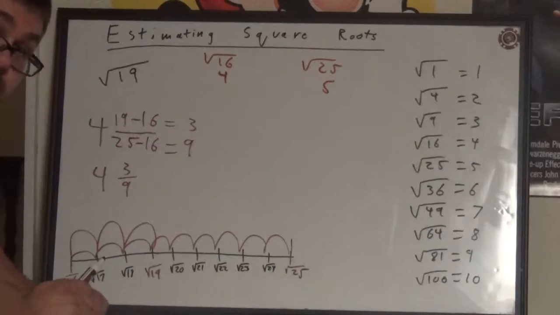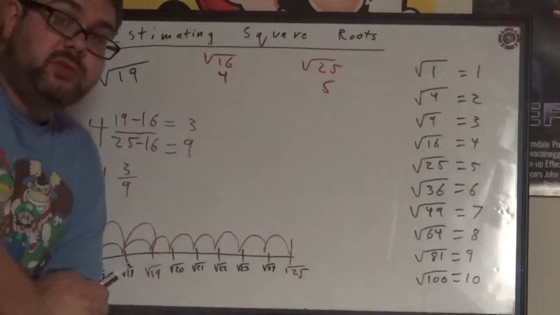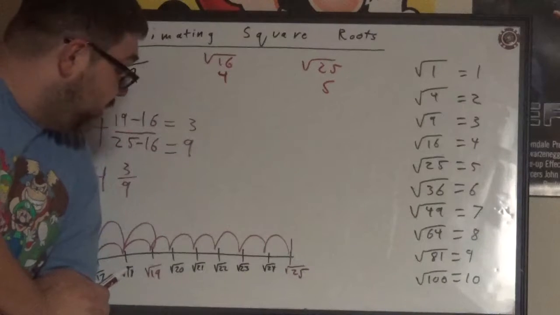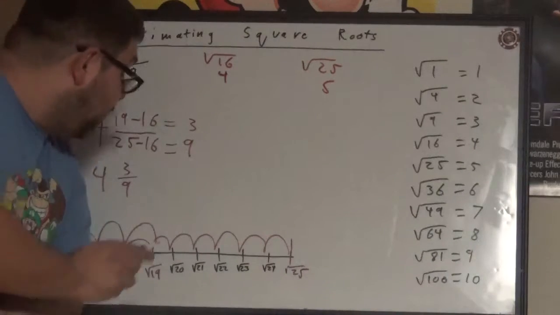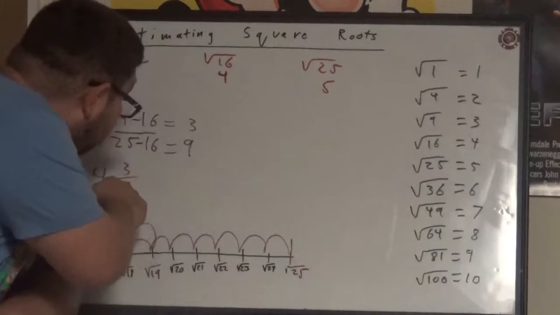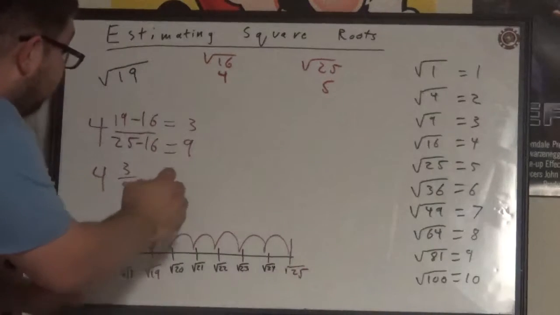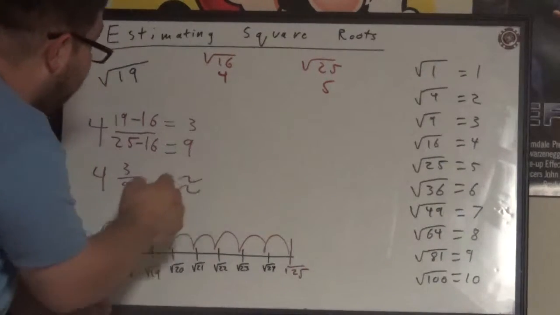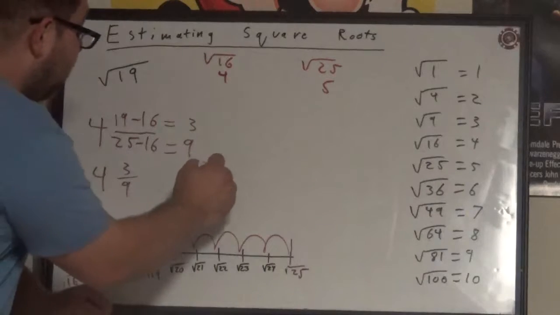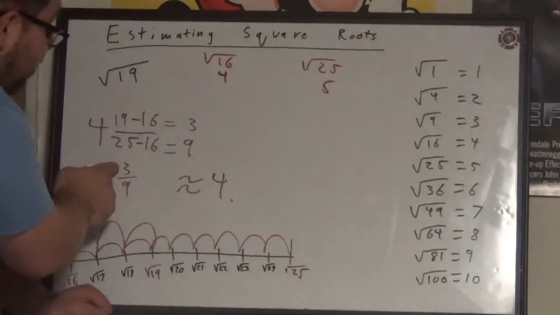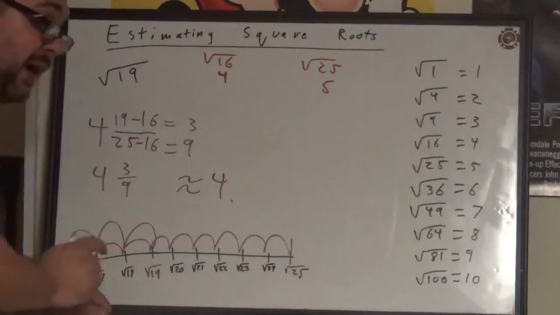Now, estimating square root problems will ask you to find a decimal. So our answer is actually going to be 4 point, and we can do 3 divided by 9.